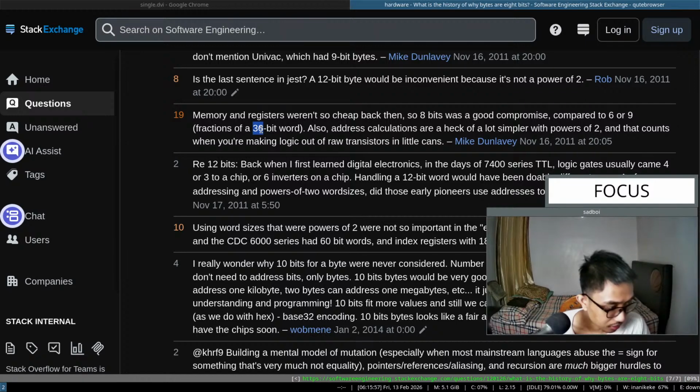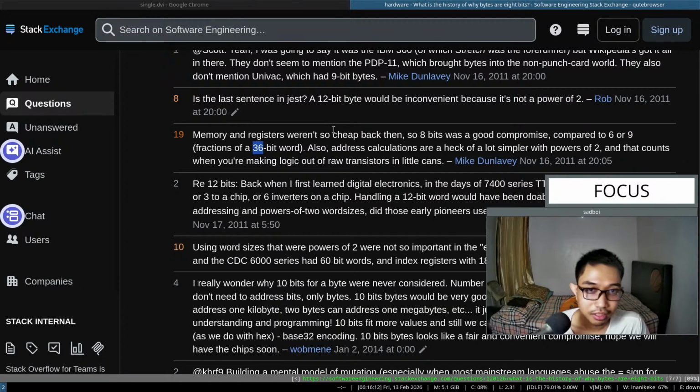Does it matter if it is a power of 2? I assume because of binary. Maybe. Yeah, why does everything need to be a power of 2?